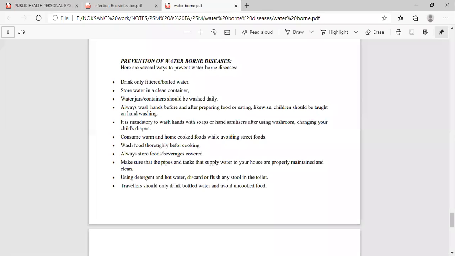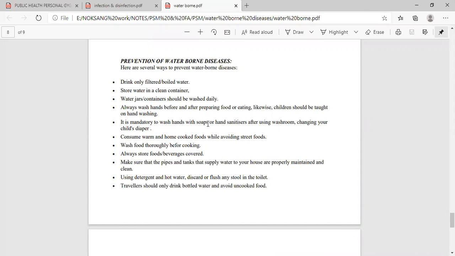You should always wash your hands before and after preparing food, and before eating food. And you should also teach the little ones about hand washing. You already know hand washing techniques, so they should be taught even to little children. It is mandatory to wash hands with soap or hand sanitizers.